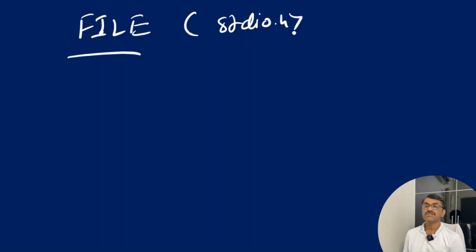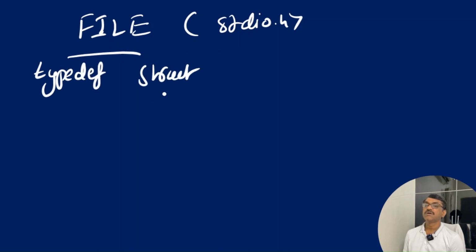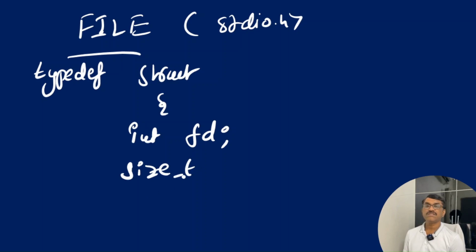It is defined with the typedef statement, and we write struct and an opening brace, and the fields here are an integer, the file descriptor, and a variable of type size_t, the size.